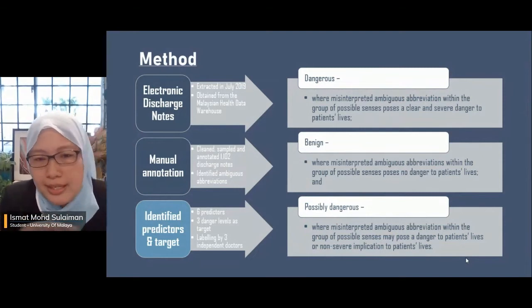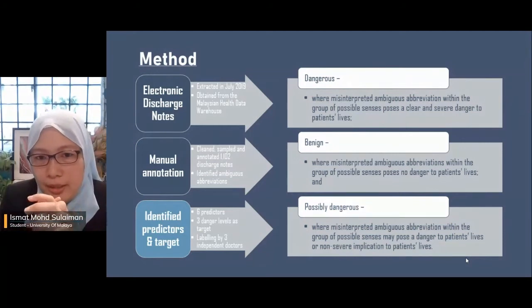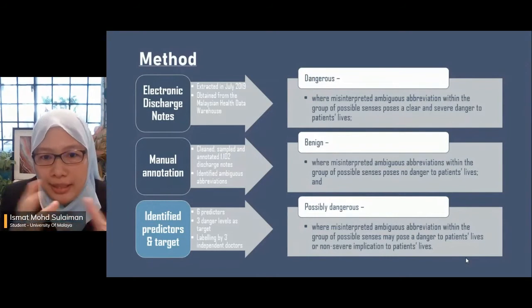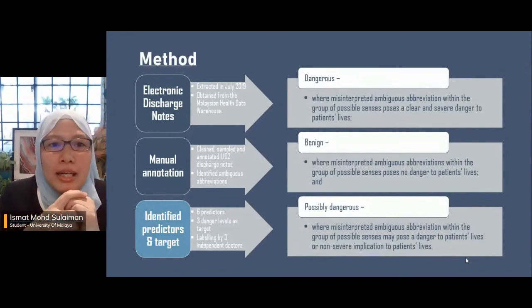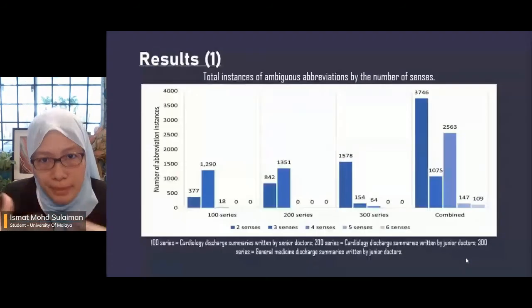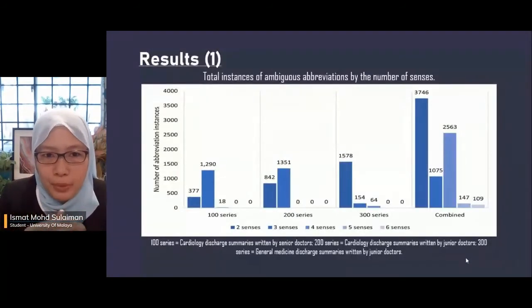Once they did that, we ran our model based on the odds ratio, and these are our results. This chart shows the total instances of ambiguous abbreviations by the number of senses. We categorized the 100 series as cardiology summaries.